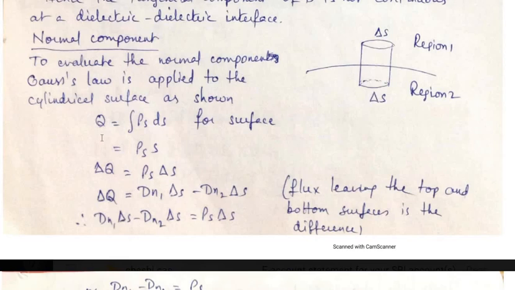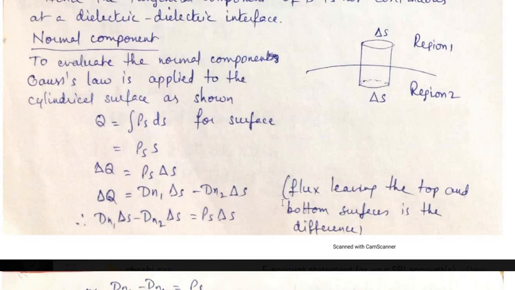So for a surface the charge Q can be written as integral rho s into ds. Or if this ds is integrated we get rho s into s. So if you take the differential terms we can write delta Q is equal to rho s into delta s. So this we can expand it as Dn1 delta s minus Dn2 delta s.